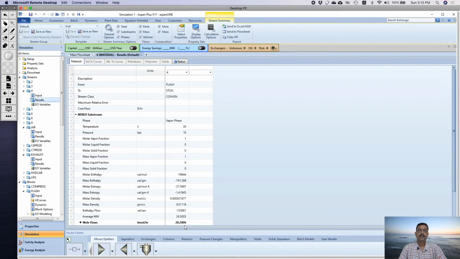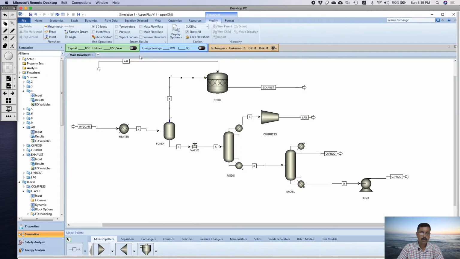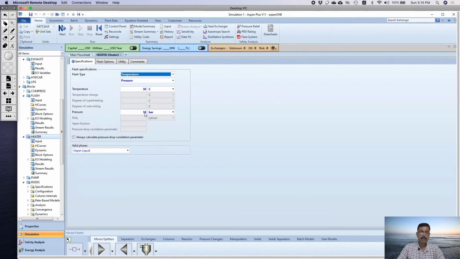Earlier it was 30 point something, now it is 28 point something. So this is the effect of reduction of heater temperature. Now let us go back to our old thing, that is 40 degrees centigrade, and rerun the simulation.